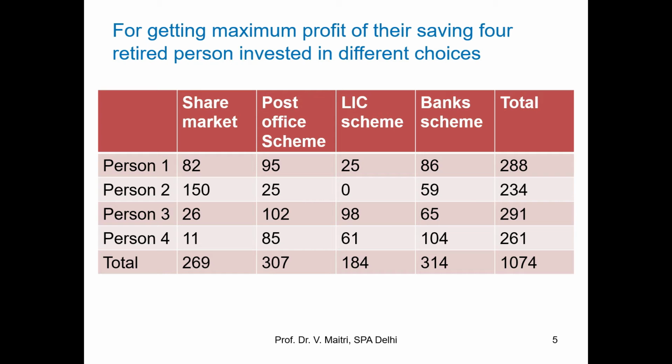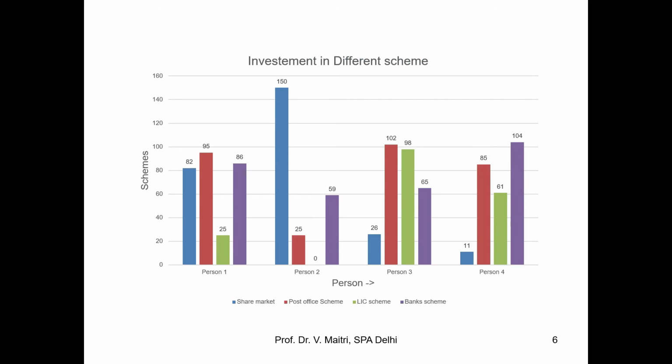So he has more or less the same money as person number 3, but person number 4 has more. So he is playing a safe game: if the investment in the share market yields a profit, fine, and if he needs the money in the future, he can get it back from the post office, LIC scheme or bank scheme.